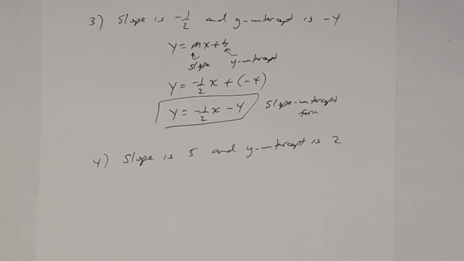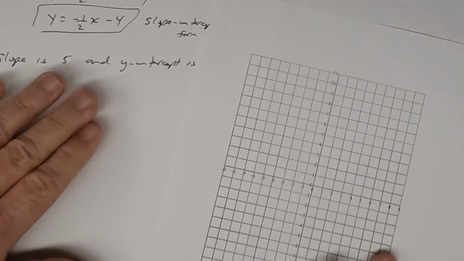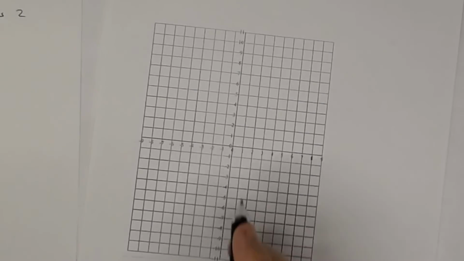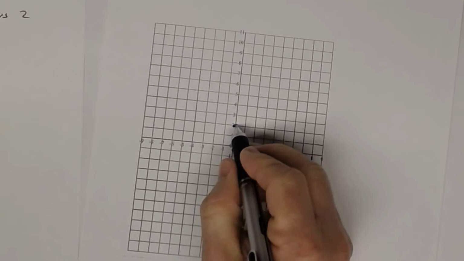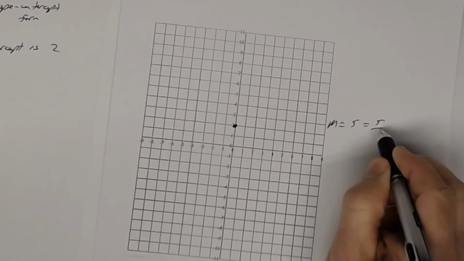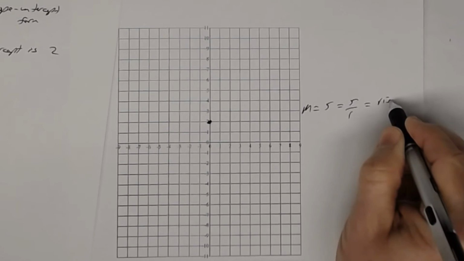So just to remind ourselves what you're trying to do. If you were to draw this line right here, the y-intercept is 2, so that's where the graph crosses the y-axis. You're given that the slope is 5, which can be written as 5 over 1, and that's rise over run.